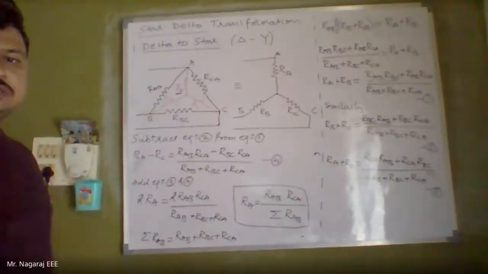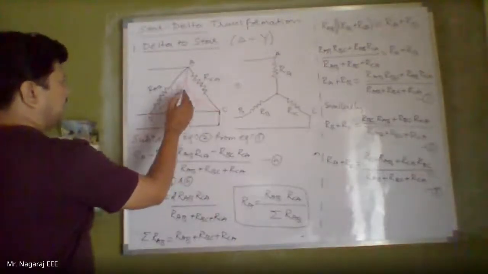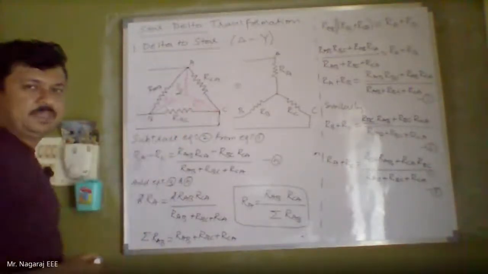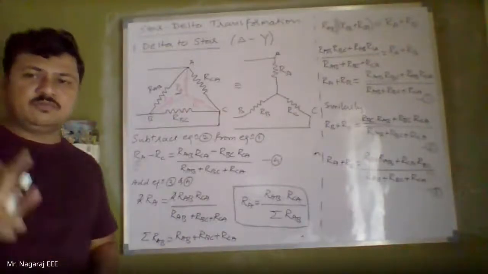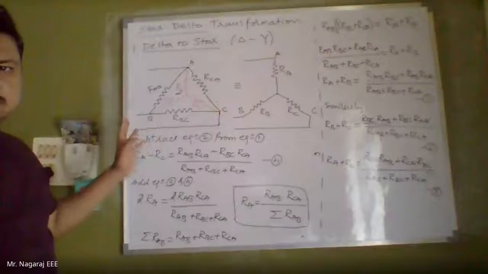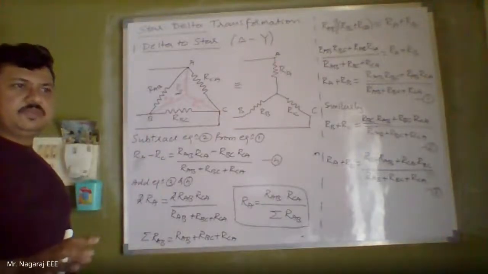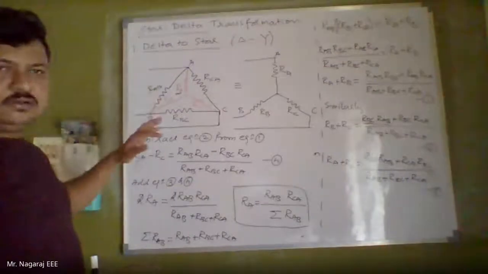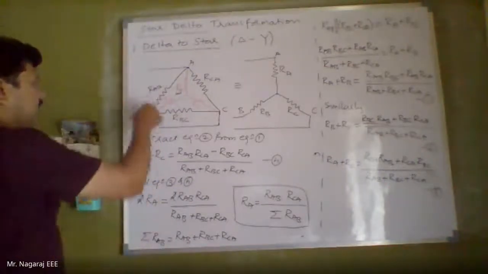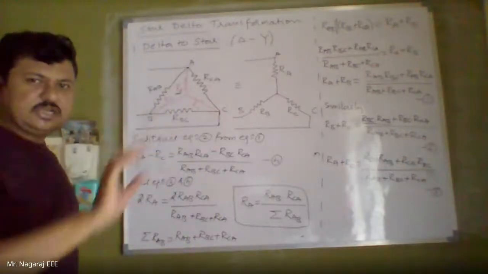Now which are the two resistances? Observe the resistance RA. RA is connected to node A. I have to take the product of the two resistances in delta which are connected to node A. Simple logic to remember. Now how to convert a delta to star? Draw a delta and draw the equivalent star inside it.